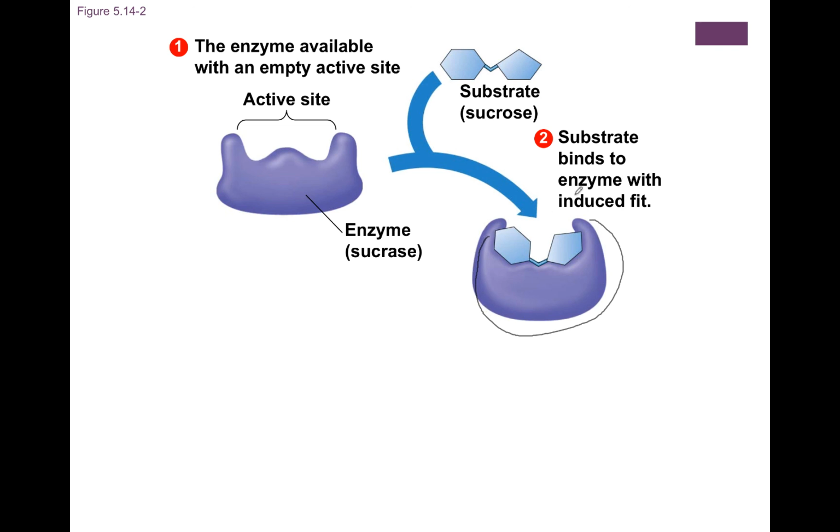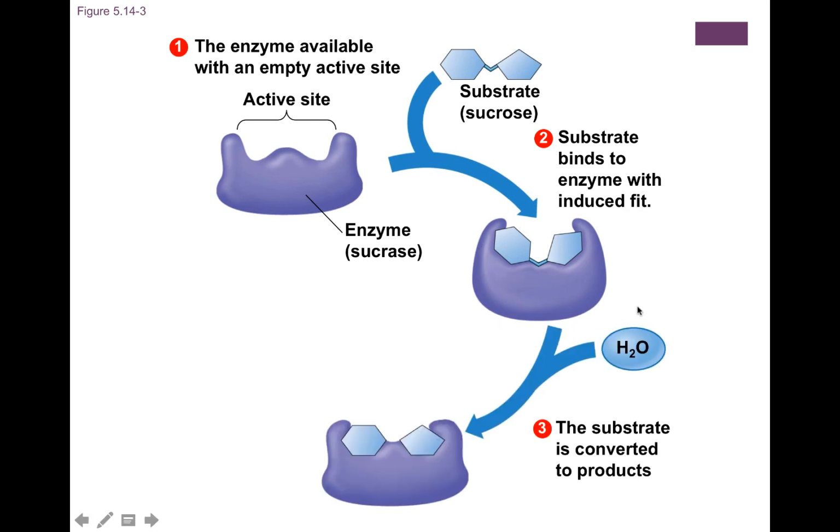That is called the induced fit model. However, we still need to break down a disaccharide, and there's only one way to do that, and that is by using hydrolysis. There it is. Hydrolysis comes right in.